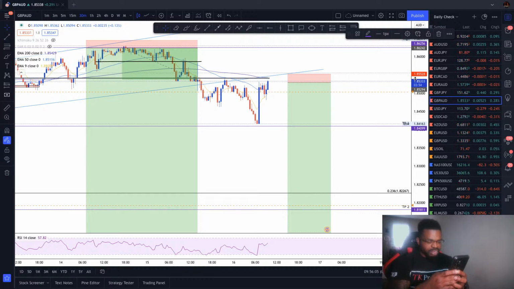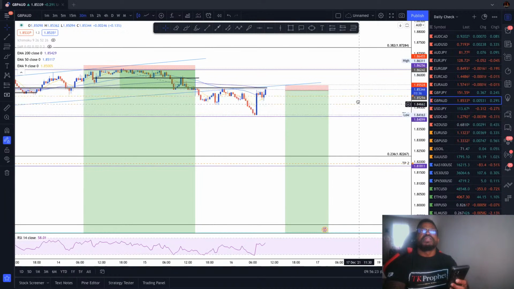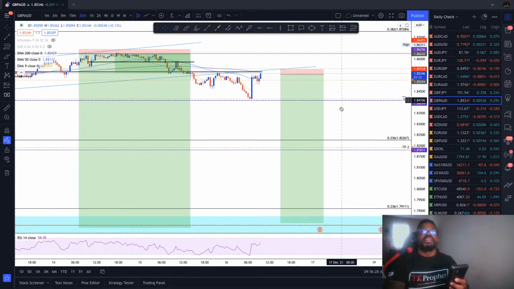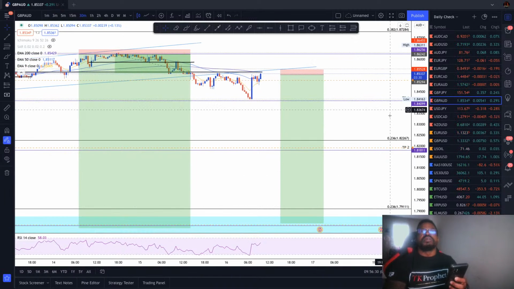Well, we got GBP AUD. The stop loss is the number in red, and the target areas are all marked in purple.